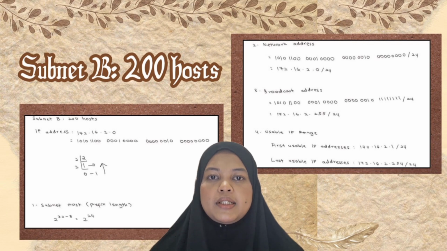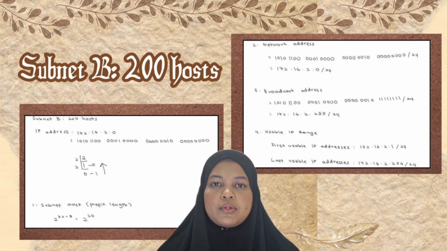Subnet B is 200 hosts. To know the IP address that we will use, we look at the latest subnet. Since subnet A ends at 172.16.1.255, the next block will start at 172.16.2.0.